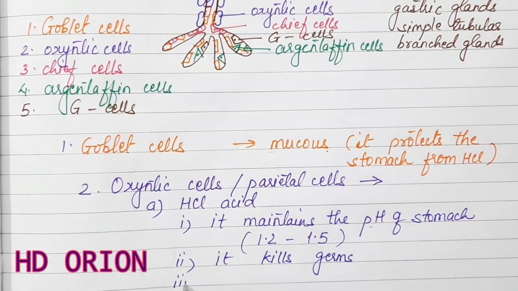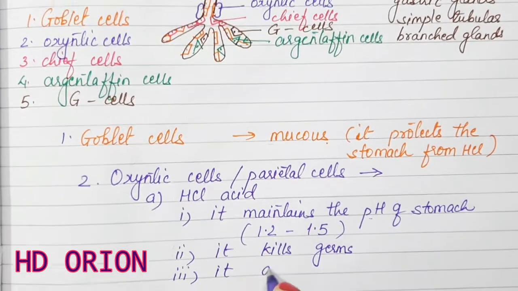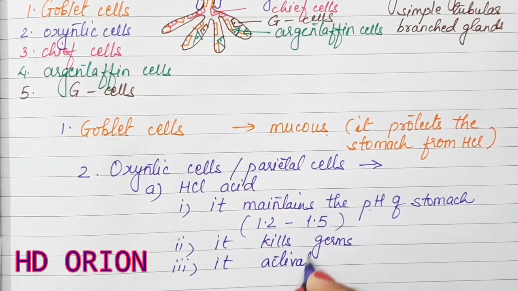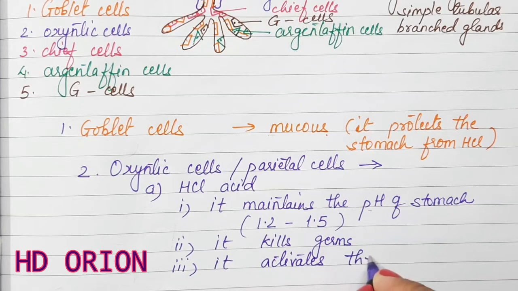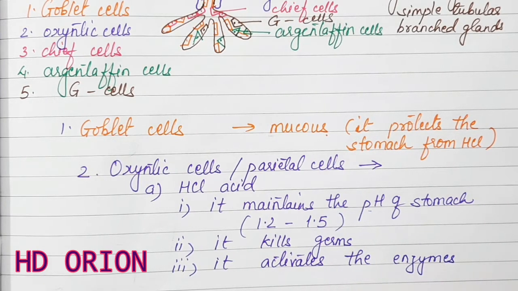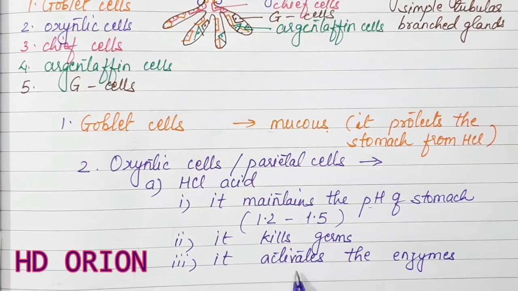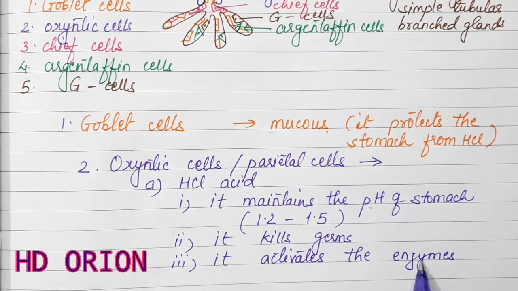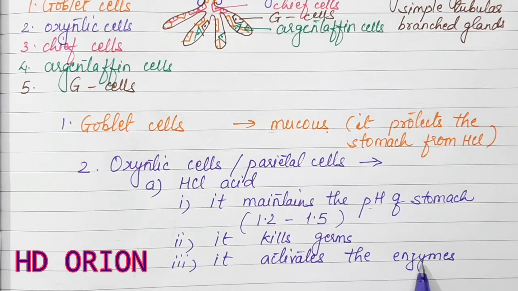And the third one is that it activates all the enzymes. The enzymes that are found in the gastric juice are present in an inactivated form. The enzymes can never be in an activated form all the time, because if the enzymes are all the time activated, they will require the substrate. So the food is the substrate here. We cannot provide the stomach with food all the time.